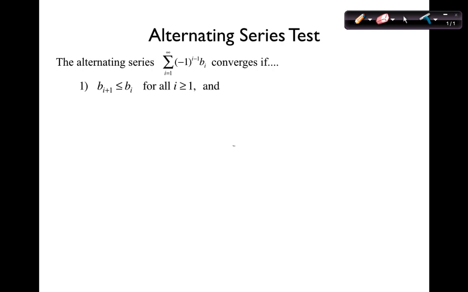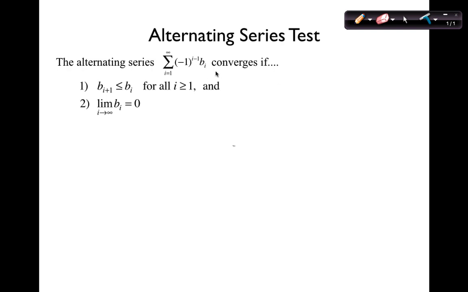And these are the positive components of all the terms, because this is what makes it alternate. And we said b_i was all positive, right? So without the alternating, it's decreasing, and the limit of those positive terms goes to 0.